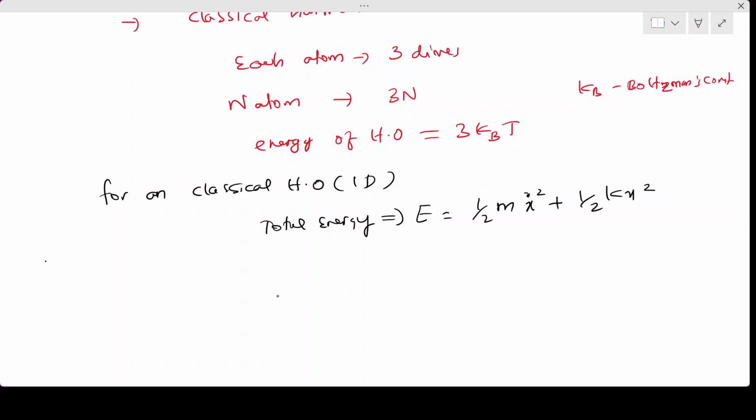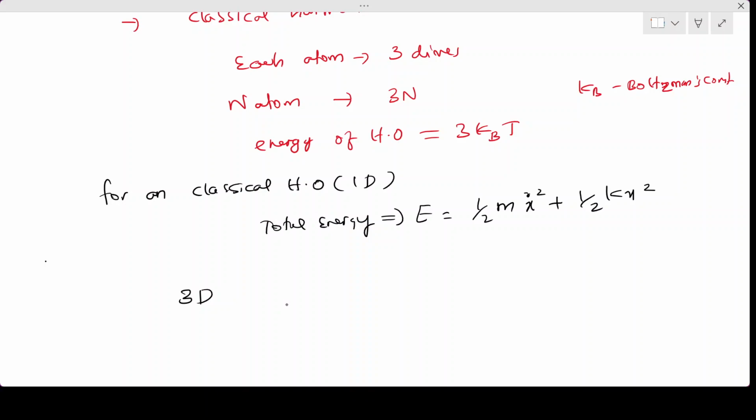Now if you consider this in 3D, the energy will have six terms, because in the x, y, z directions we have three kinetic energy terms and three potential energy terms. Each energy term contributes half kBT.